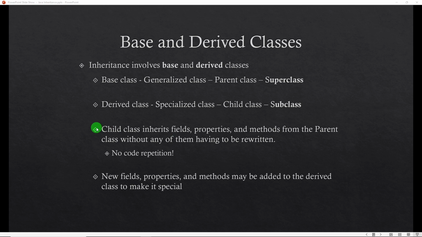But I could also say that the derived class inherits fields, properties, and methods from the base class, which means the exact same thing. We're using that so we don't have to repeat code. We can also add new fields, properties, and methods to the derived class to make it special.